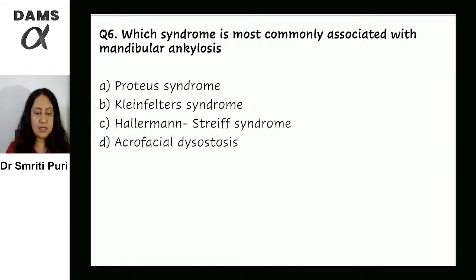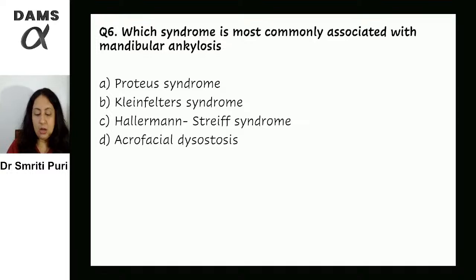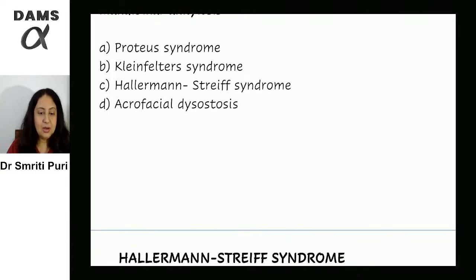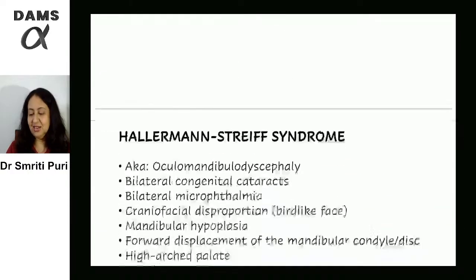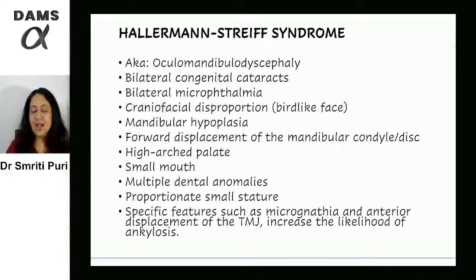So let's see. Okay, now this is okay. Nimisha, you have a doubt between C and D. Let's clear your doubt. Hallermann-Streiff syndrome. Now, amongst the given options, none of the syndromes primarily show TMJ ankylosis.